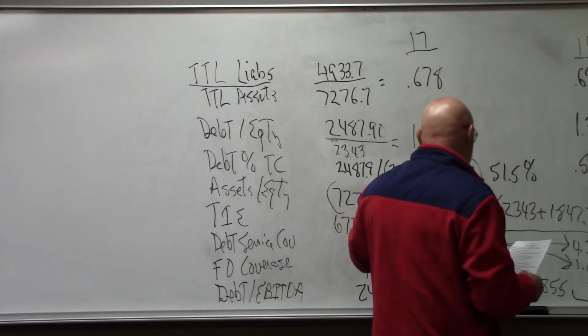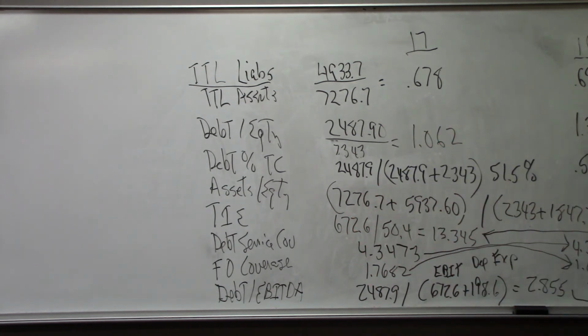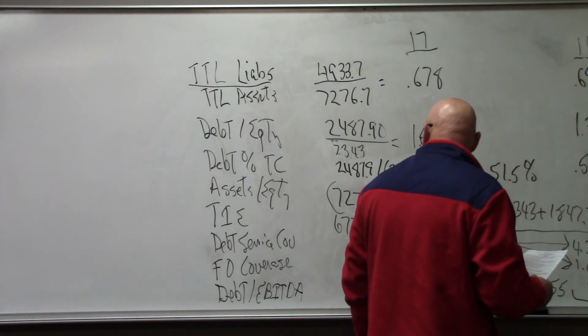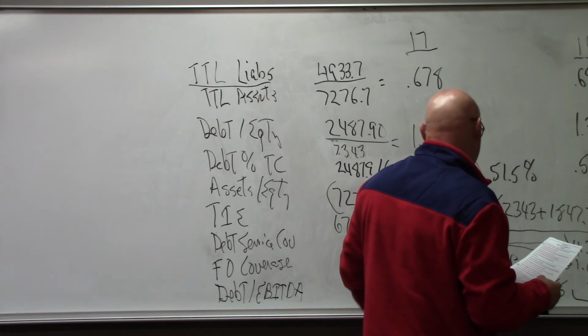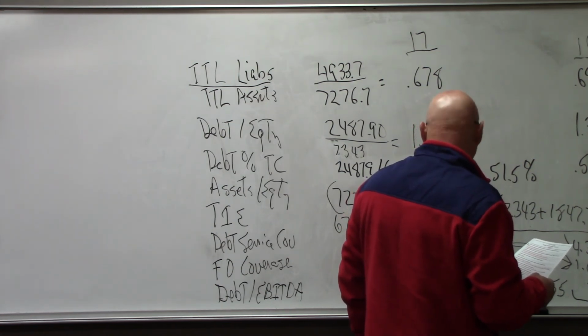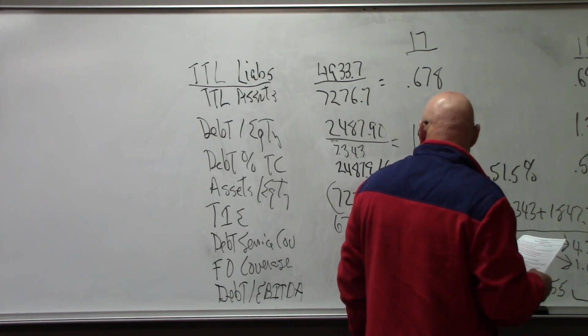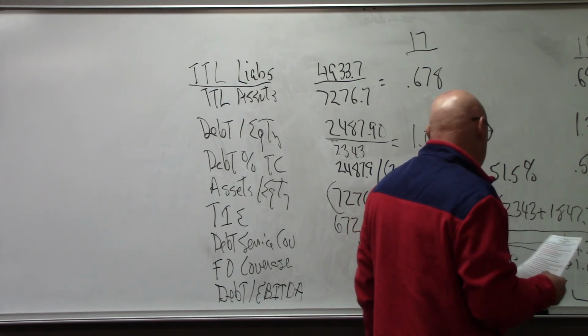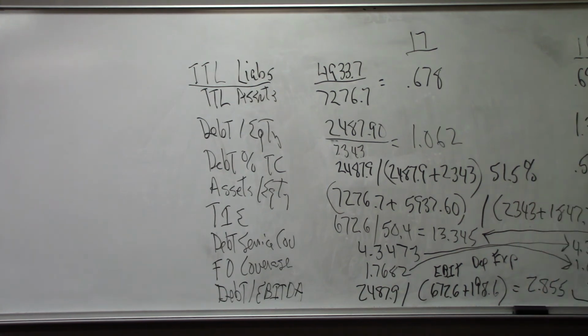Now, times interest earned, their liquidity went down. Big question mark there. Big went down. Their debt service coverage stayed about the same. Their fixed obligation coverage got a little bit better. And their debt to EBITDA went lower leverage.